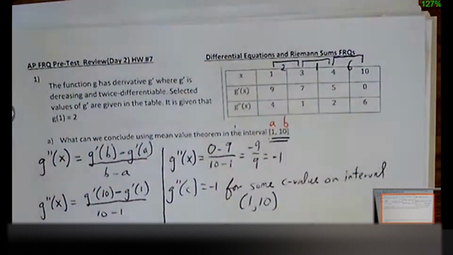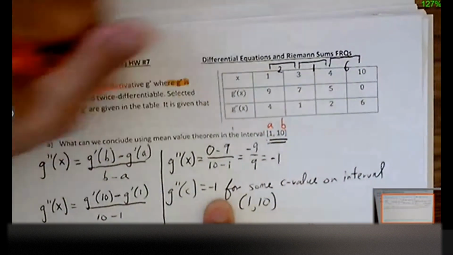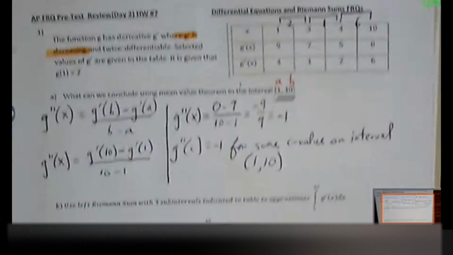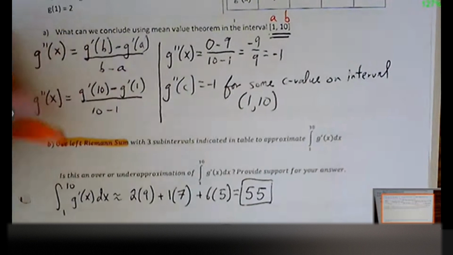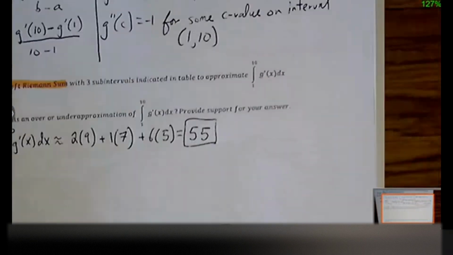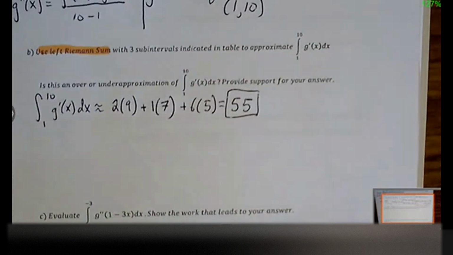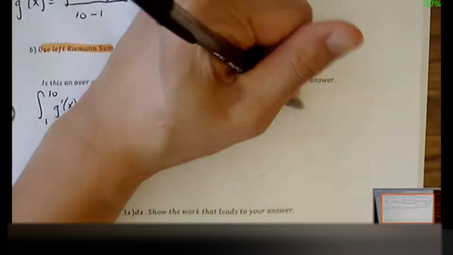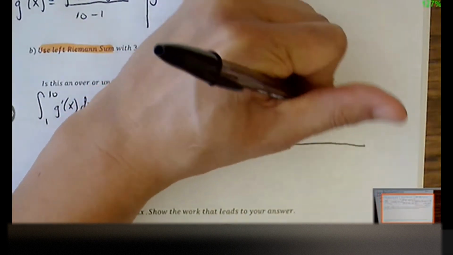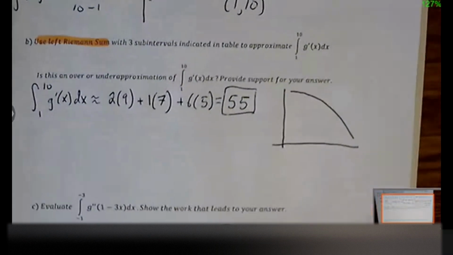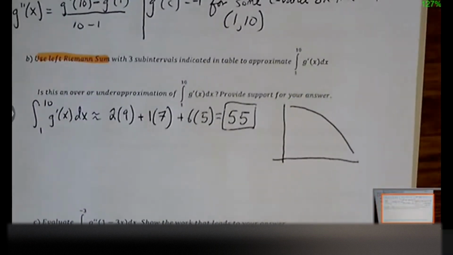Let's see, we're told that our G prime graph is always decreasing. And we're dealing with the left Riemann sum. So let's just sketch something out to convince ourselves whether we're looking at an over or under approximation. So there's my decreasing graph.